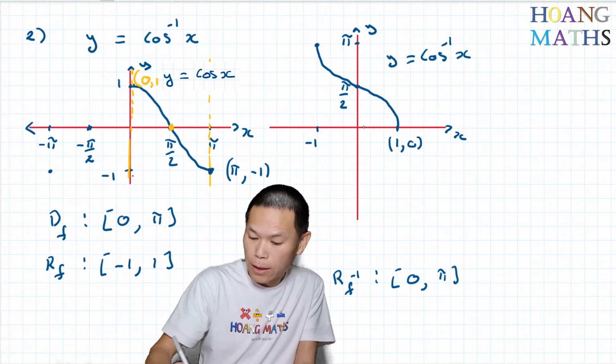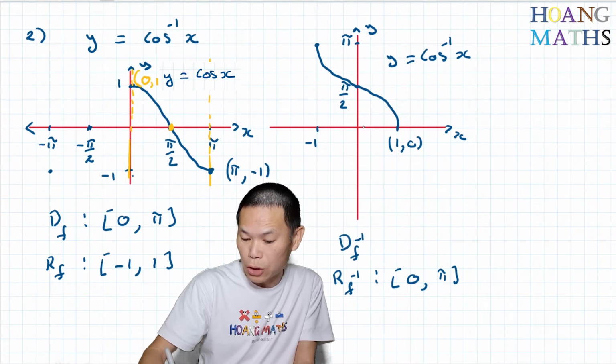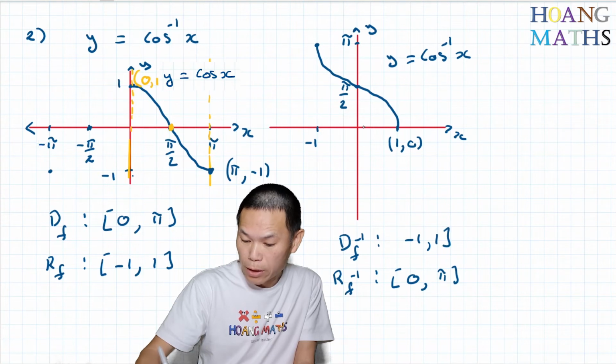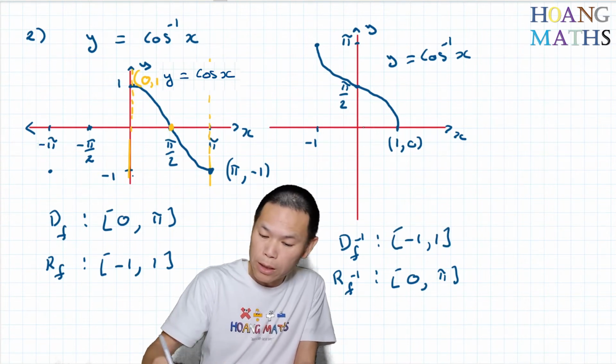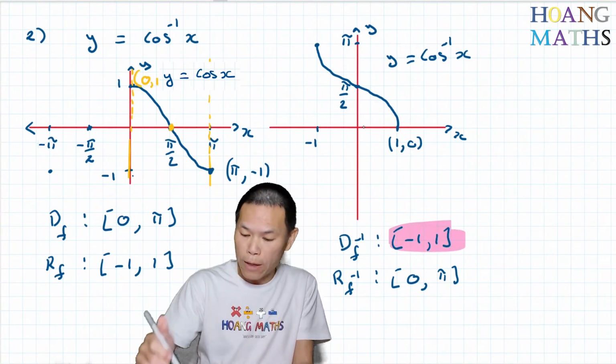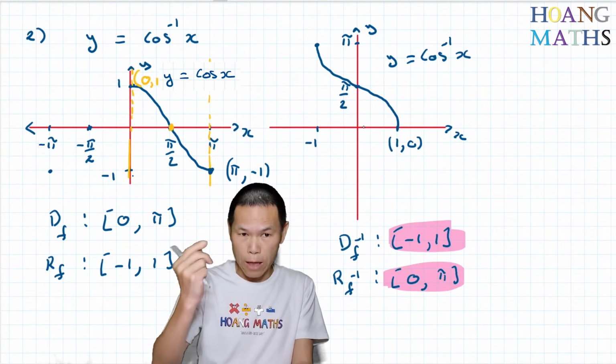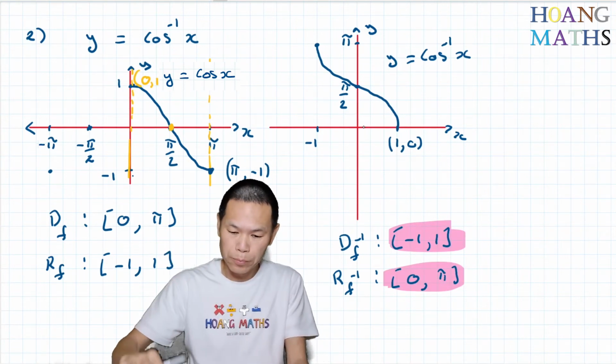Don't forget. So therefore, the range of the function becomes the domain of the inverse function. So that becomes −1 and 1. So please keep that in mind for me. The domain of the inverse function for cos inverse is between −1 and 1. And the range becomes 0 and π. Okay, keep that in mind.